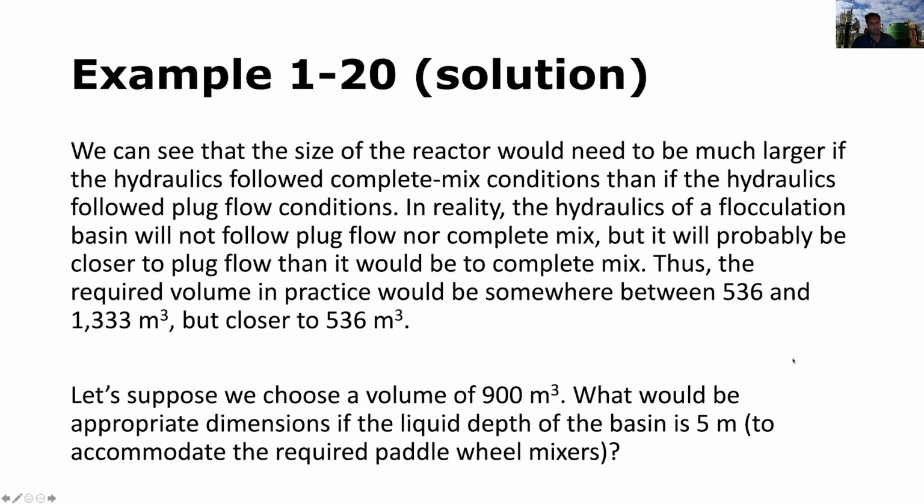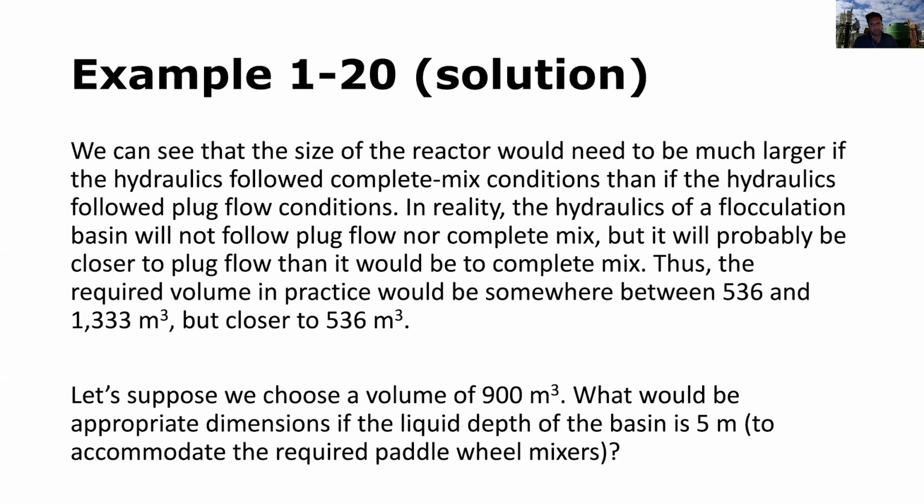So you can see here that the size of the reactor needs to be much larger if the hydraulics follows complete mix condition compared to if we have a plug flow reactor. And this emphasizes and shows the fact that plug flow reactors are more efficient than complete mix reactors.